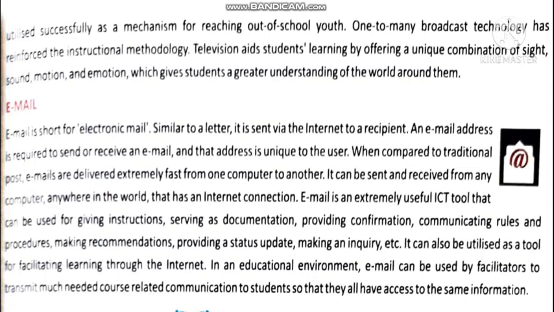It can be sent and received from any computer anywhere in the world that has an internet connection. Email is an extremely useful ICT tool that can be used for giving instructions, serving as documentation, providing confirmation and communication rules and procedures, making recommendations, providing a status update, many things are there.